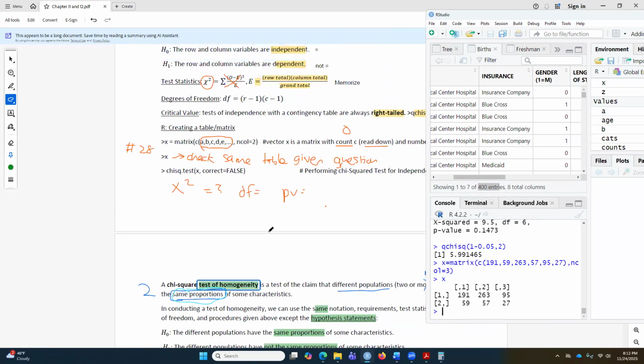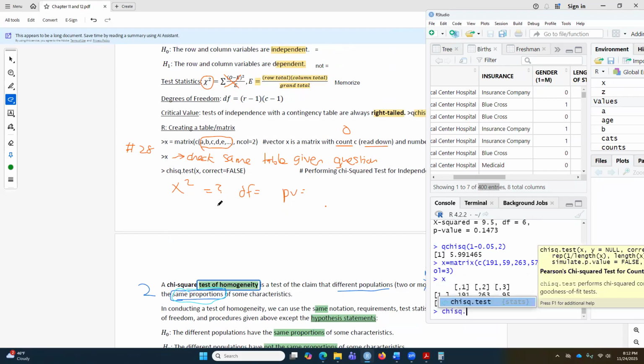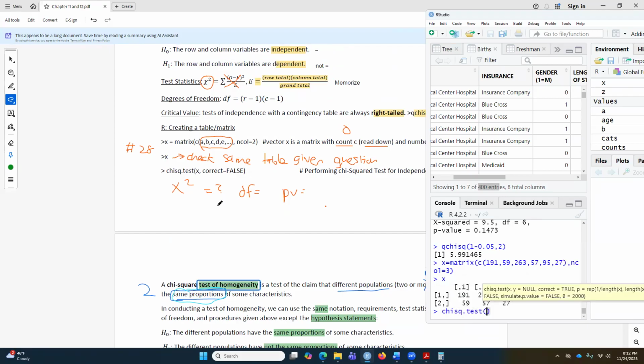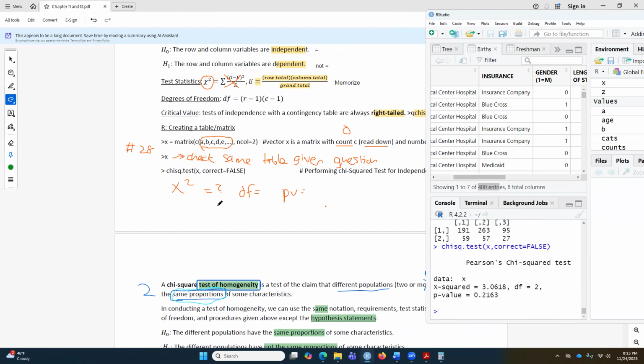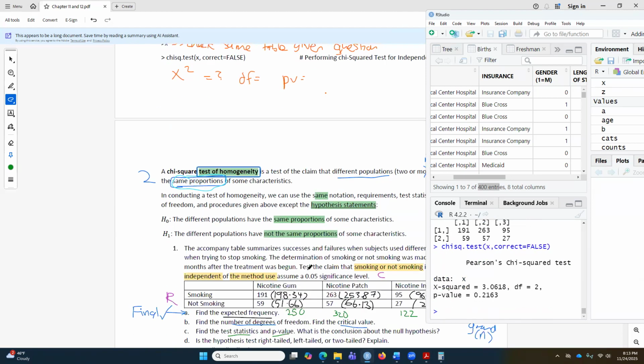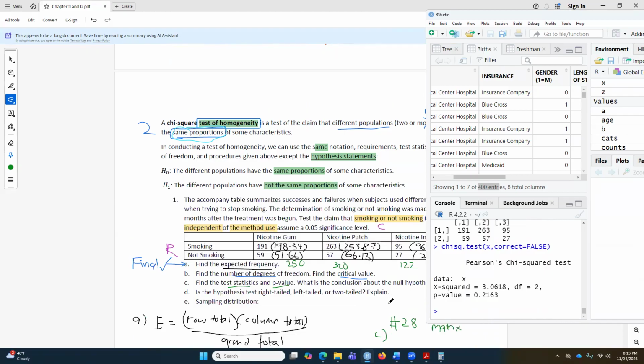And the last step to do this is you do chisq.test, x comma correct equals FALSE. And don't forget the FALSE is all in caps. Then you get yourself the test statistic and the p-value here.